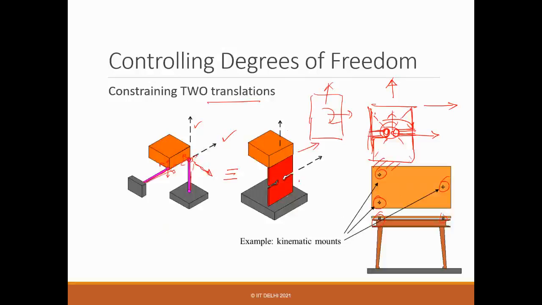And although it looks very flimsy and fragile as a way to connect, once you connect, you will realize that it's rigidly connected, and it will give a very good design, and it can support all the load without passing any moments, and therefore there will be no deformation getting transferred to the top plate. And that's why these kinds of mounts are used in very sensitive equipment or instruments. That's why they are called kinematic mounts.